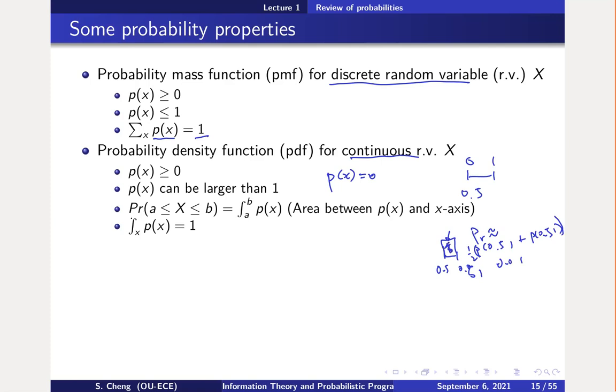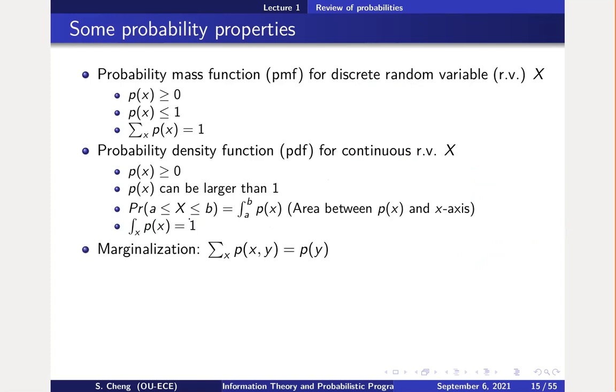So more precisely, if the random variable lies within a range A and B, the probability is just the integral of the PDF from A to B. And similar to the discrete case, if we take the integral of p(x) over the entire real space, we get back 1.